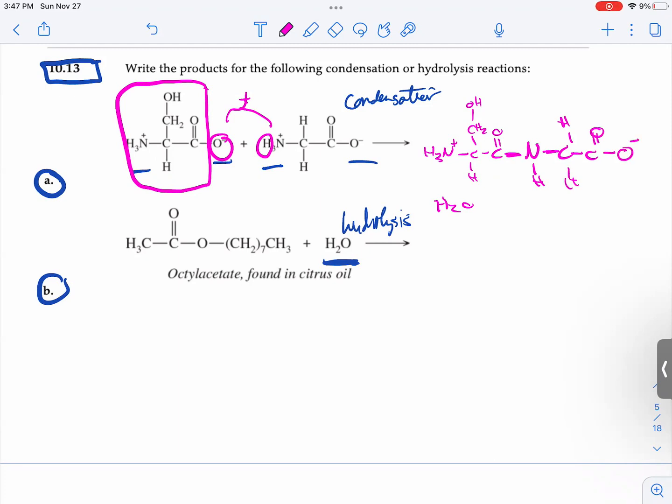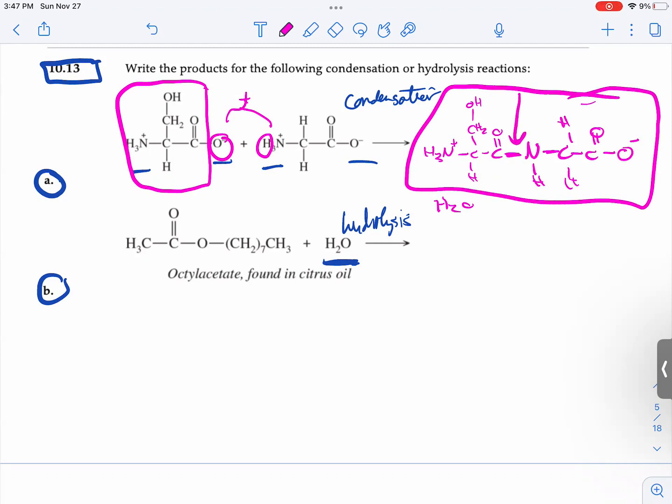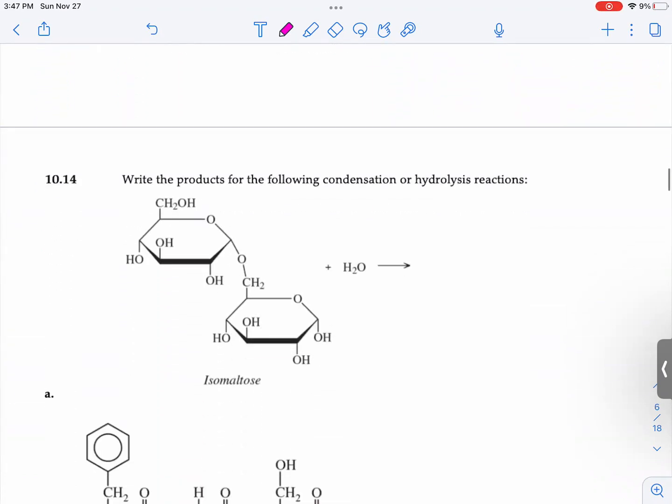Finish up this C-terminus there. And there you go. That's how you do it. So just make note of where you make that peptide bond and understand what type of reaction you're doing, and it'll never fail.